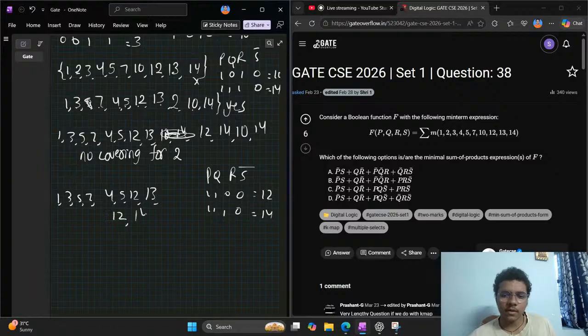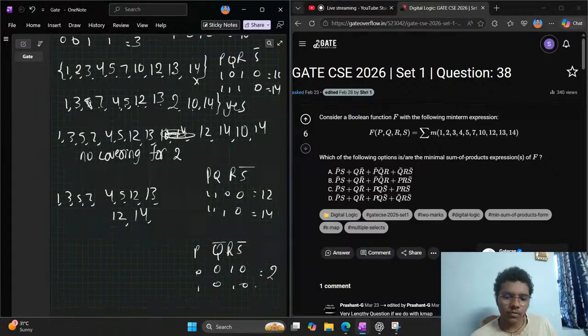That is another 12, 14. Q bar or S bar. 0, 1, 0, 0, 1, 0, 0, 1. That is going to be 2. 8 plus 2, 10. It covered 2 and 10 as well.